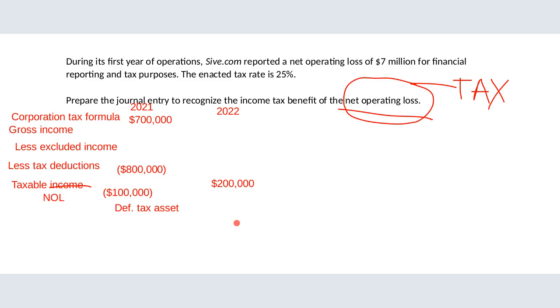All right, and so in this case, we're supposed to come up with a journal entry. We're told that the NOL is 7 million. So we need to find out what the tax impact of this is.